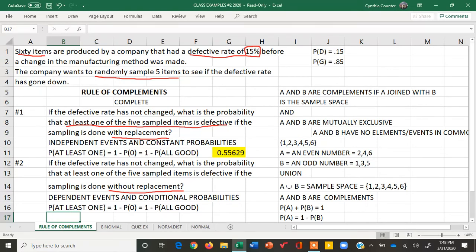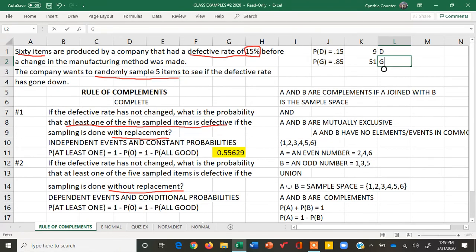So it's at least 1 defective, 0 defective, 1 minus the probability of all good. Since the probabilities are changing, we can't just use the 15% and 85% we computed earlier. We're actually going to need to know how many items are defective in the batch of 60. So that means we need to find what 15% of 60 is, and that's 9. So we have 9 defective items, and 60 minus 9 is 51 good items.